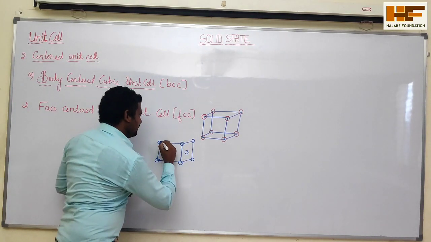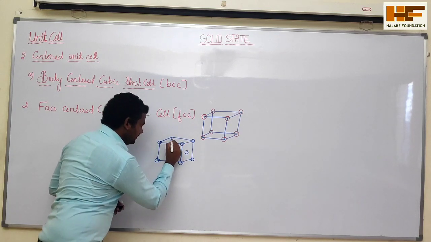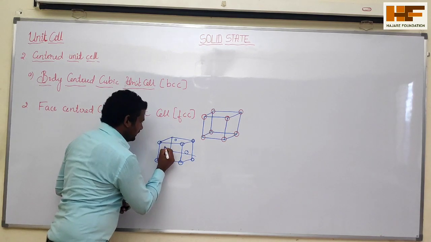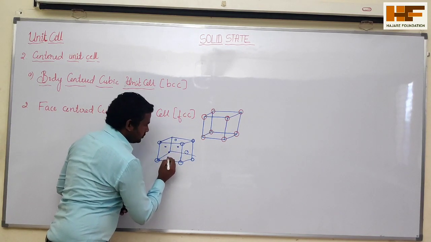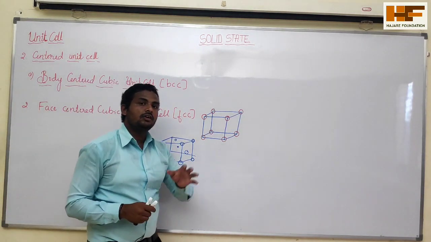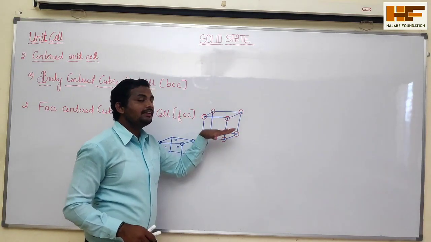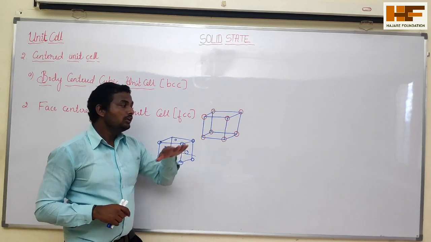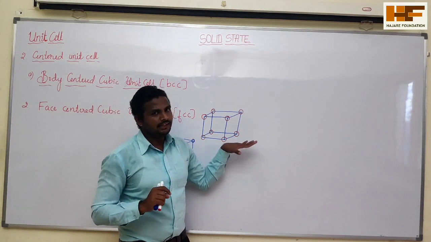So like this, in the faces above, below, side and back side, we have constituent particles not only at the corners but also at all the faces. There are 6 faces in the cube.